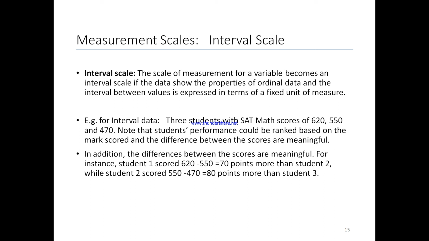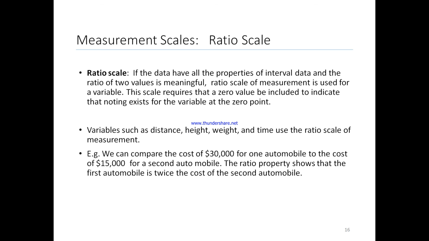So if you just take the difference between 620 and 550, 70 points, that is, the first student is 70 points ahead of the second one. So there is a meaning between the differences. If so, we call them interval scale data.